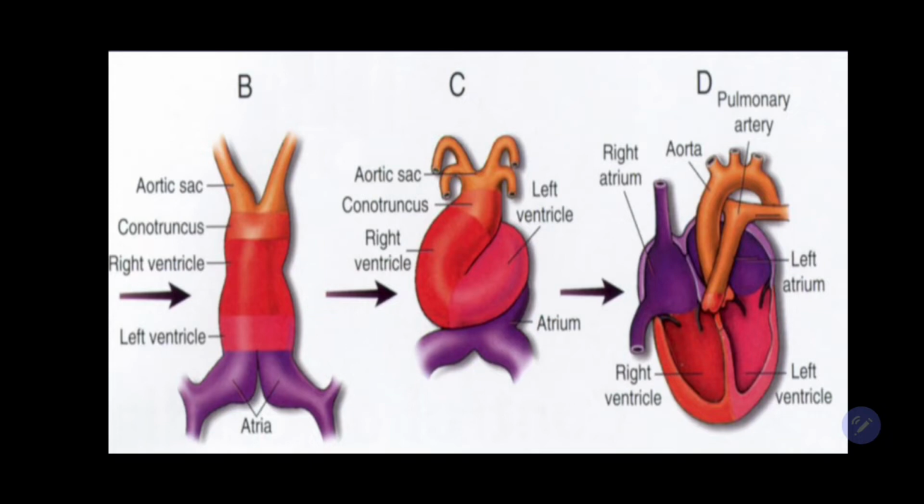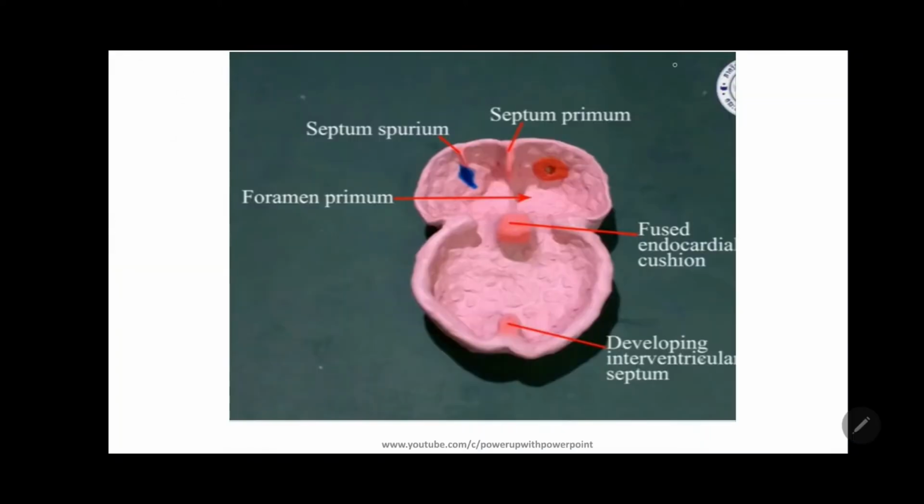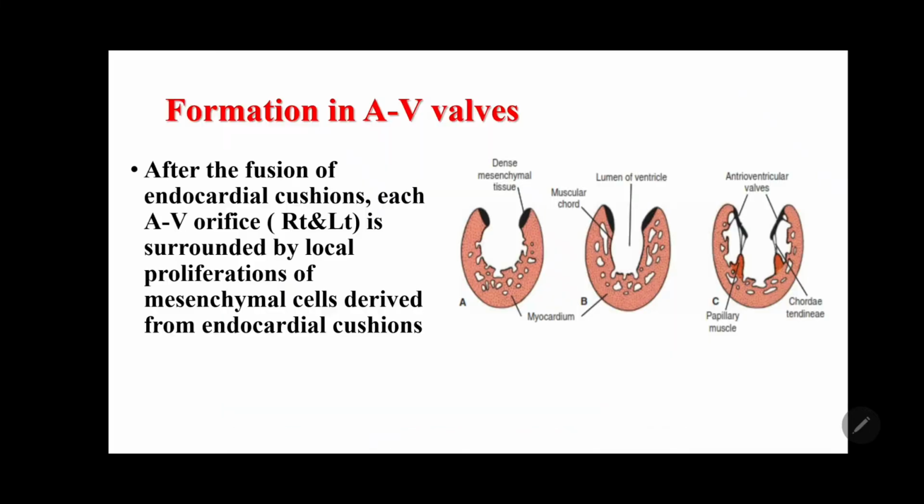So in this oblique section, you can see all these septations are forming simultaneously, but they have contribution and impact on each other's development. You can see the fused endocardial cushion there, dividing this common AV canal into right and left. So that is the septation of the AV canal.